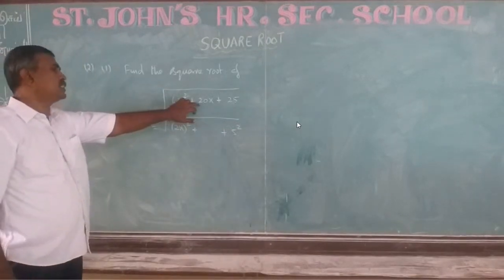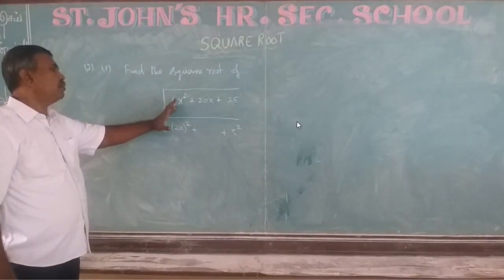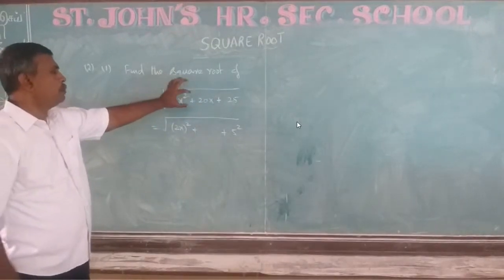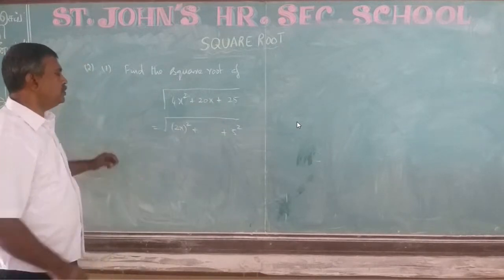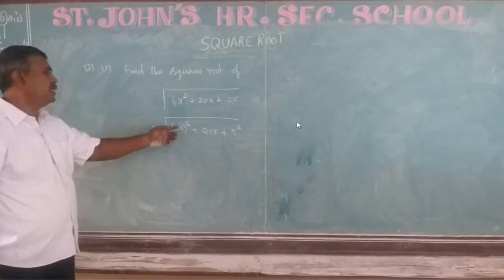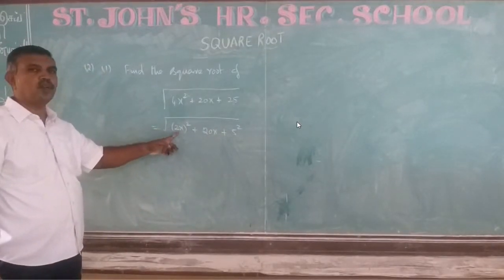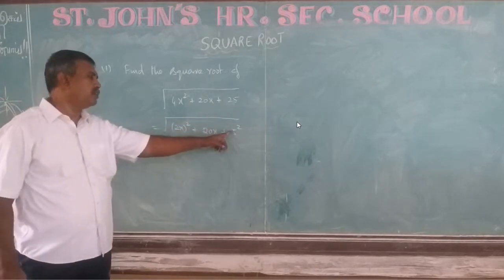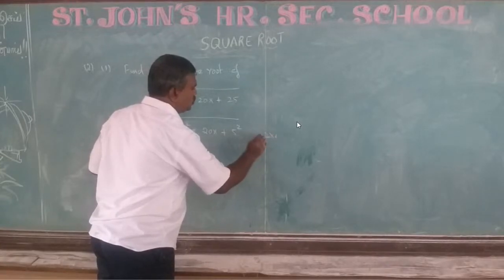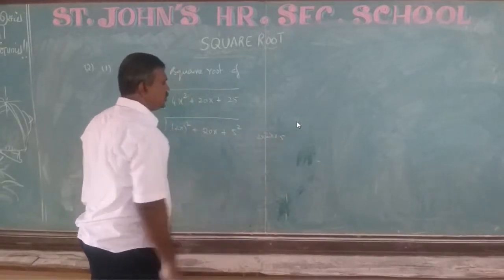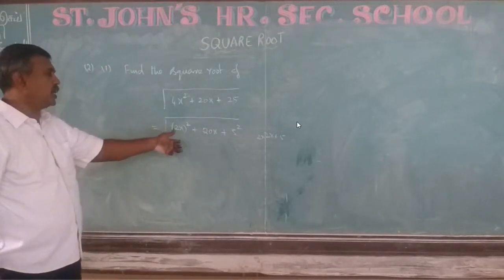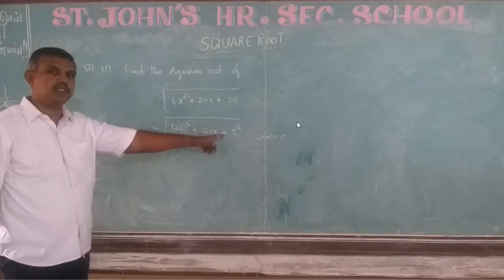Therefore it is in the form of a squared plus 2ab plus b squared.